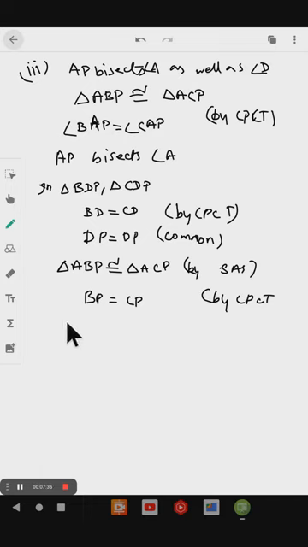Then we can conclude that triangle BDP is congruent to triangle CDP.